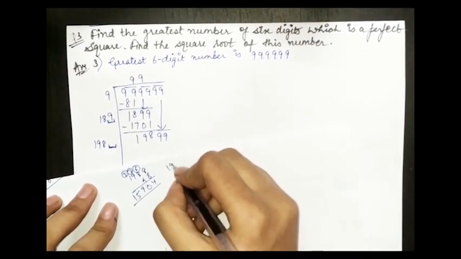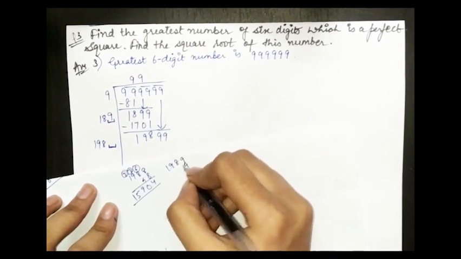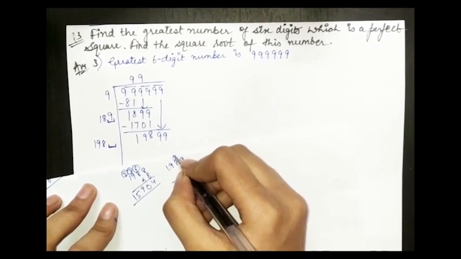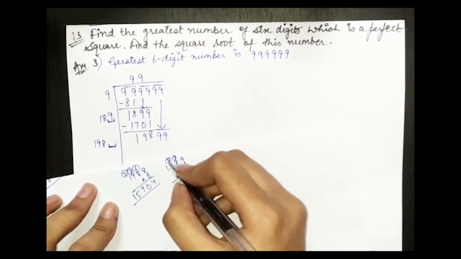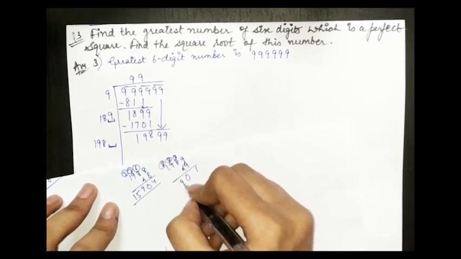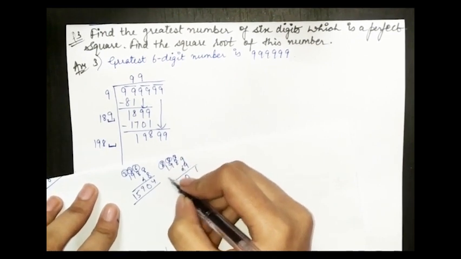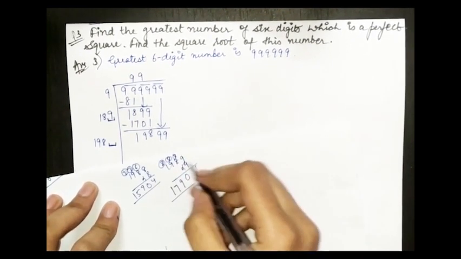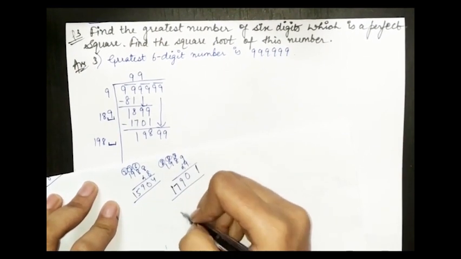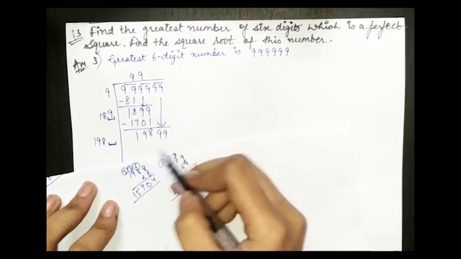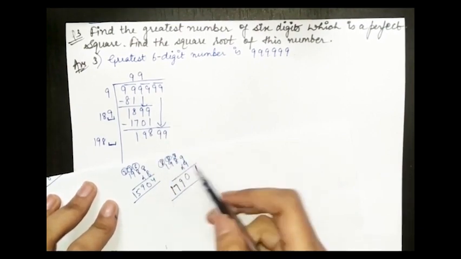Now we will be doing with 198, 9. 9 9s are 81, 9 8s are 72 and 8, 80, 9 9s are 81, 81 plus 8 is 89, 9 1s are 9, that is 17901. So this is also bigger than this, means we have to take this only.